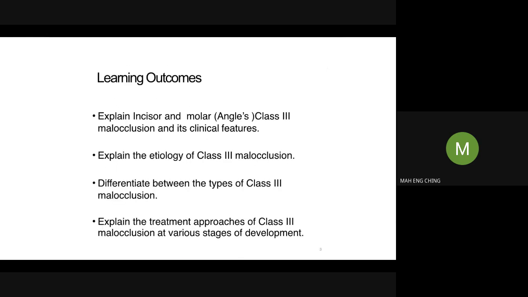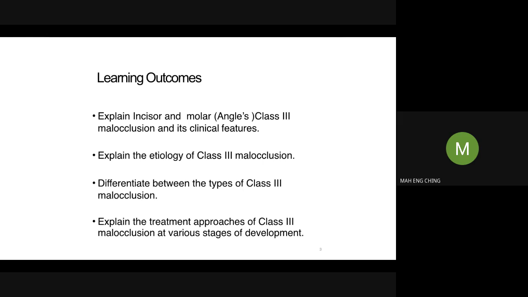Then the molar classification just means the upper 6, the mesiobuccal cusp, occludes posteriorly or distally of the mesiobuccal groove of the lower first molar. This is the Angle classification. So when I talk about malocclusion, they always refer to the incisor and molar.